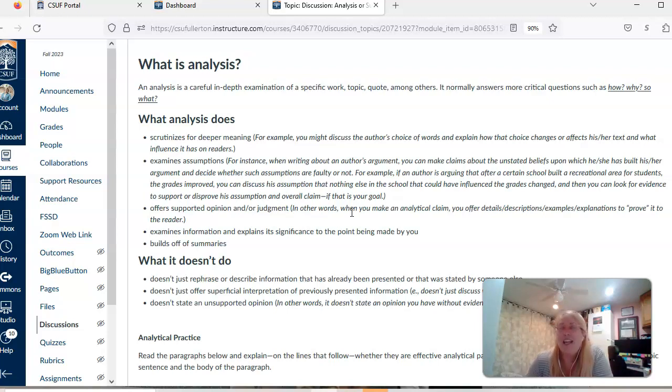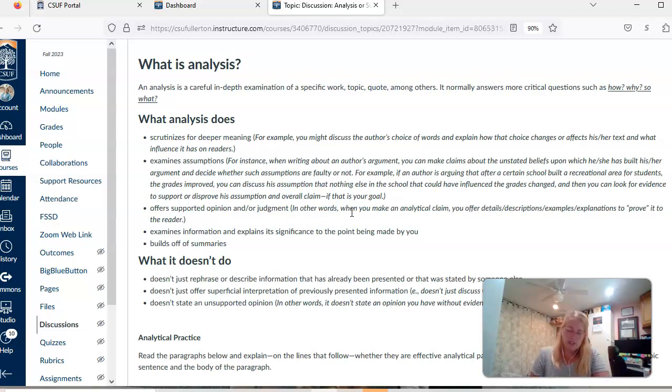So again, depending on how you're going to use this paper in your overall project, which will eventually be your literature review, is it useful or not? And you can share that in this analysis section in this second paragraph. It examines information and explains its significance to the point being made by you and builds off the summary.